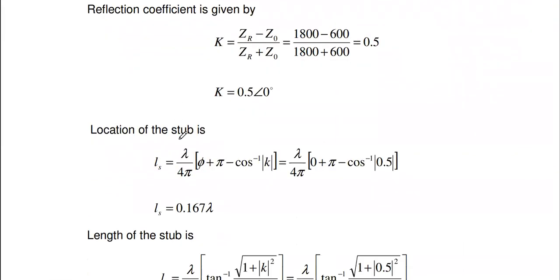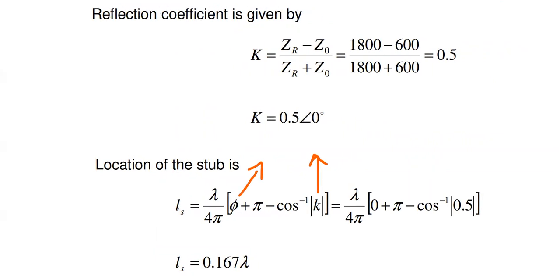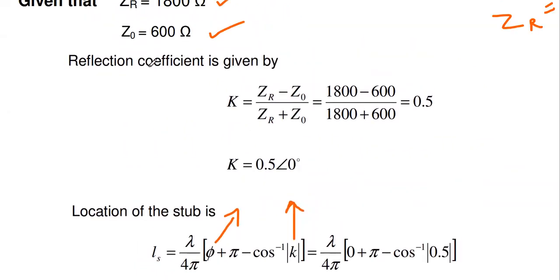In order to find out the location of the stub, first we need the phi value and the modulus of k value. What is this phi and modulus k? They are the angle and the magnitude of the reflection coefficient, so first we have to find out the reflection coefficient. The reflection coefficient is nothing but k.